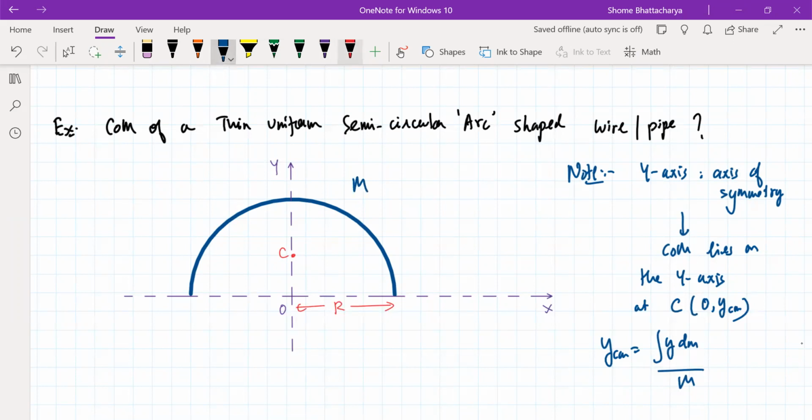Now this time what we'll do is we'll slice this into small sections like this. So this is a differential arc. We'll take it as ds.